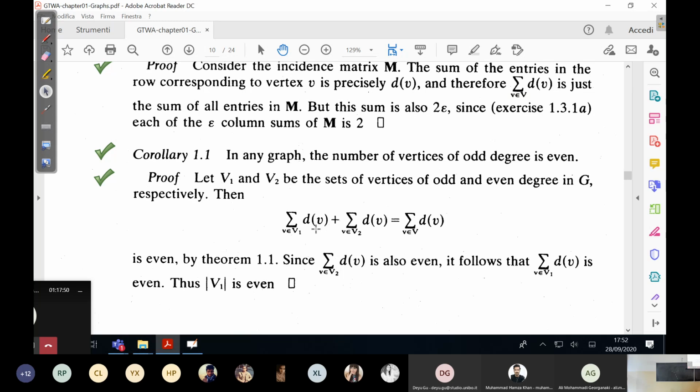Now, if I sum odd to odd, what do I get? Even. If I sum odd to odd to odd, what do I get? Odd. Odd to odd to odd to odd. Even. Odd to odd to odd to odd to odd. Odd. Okay.